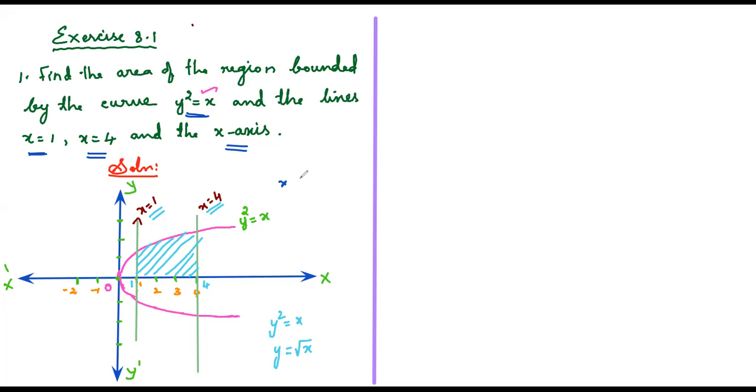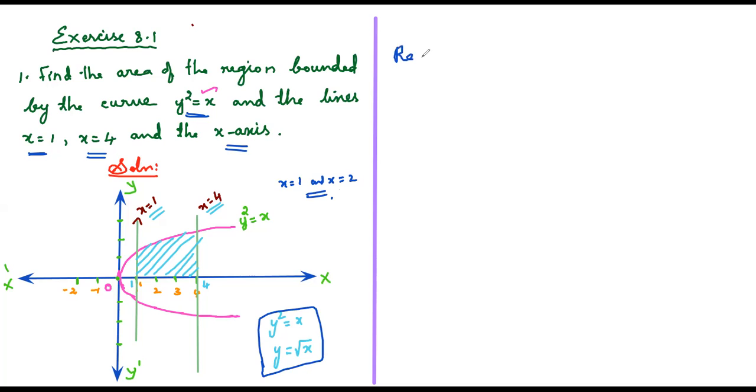Here x is equal to 1 and x is equal to 4. These are the limits, and when you get the limits in x, you find y from the given equation. It will be a function in x, so that you can substitute in the formula.